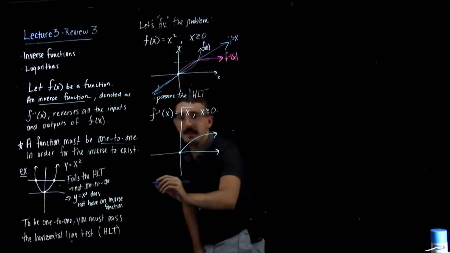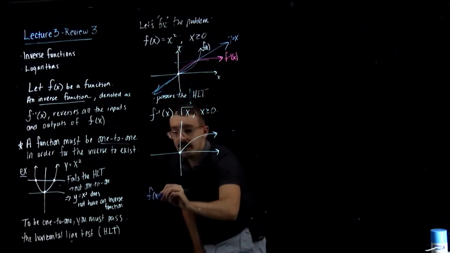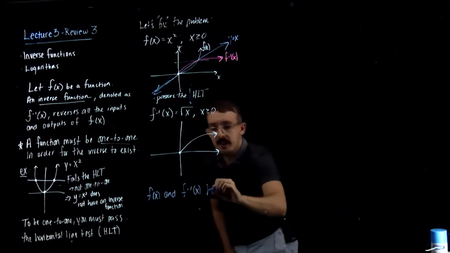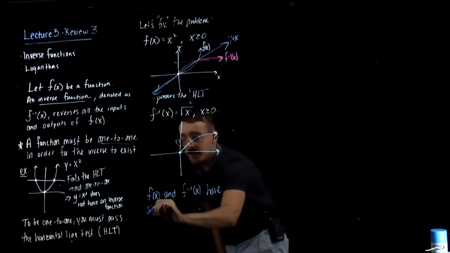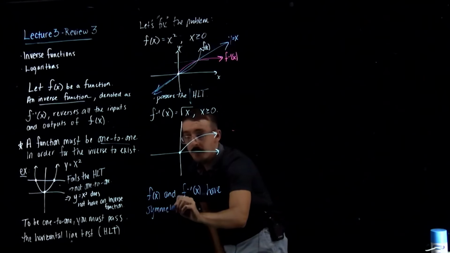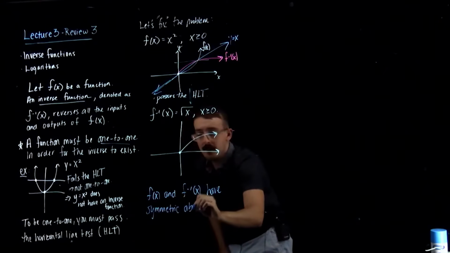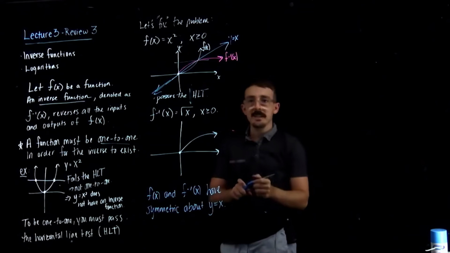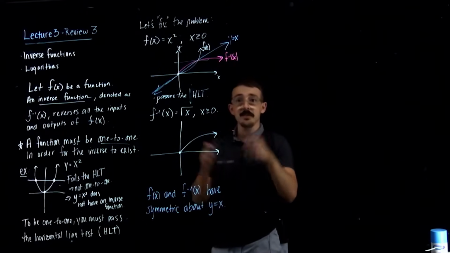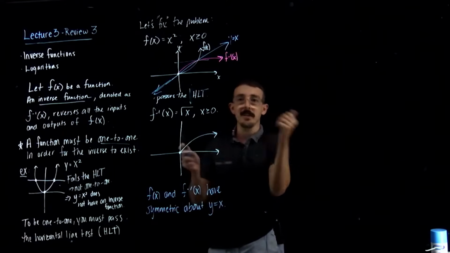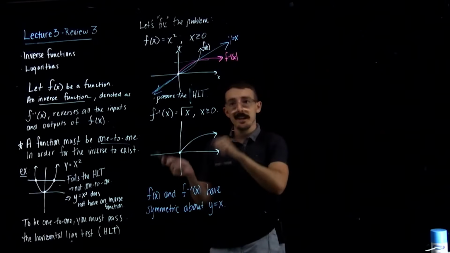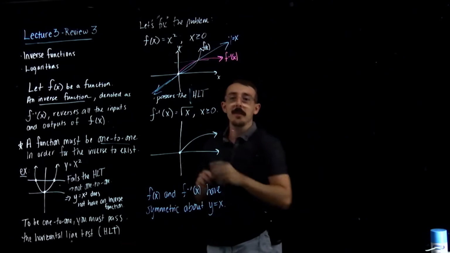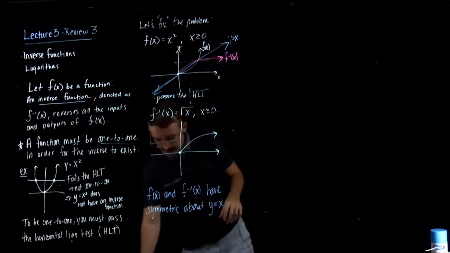So I'm going to write that fact down here. f of x and f inverse of x have symmetry about the line y equals x. That should make sense because all you're doing is switching the outputs and the inputs. You're saying, okay, y is now x, x is now y. So that's why it has this nice symmetry around the line y equals x.